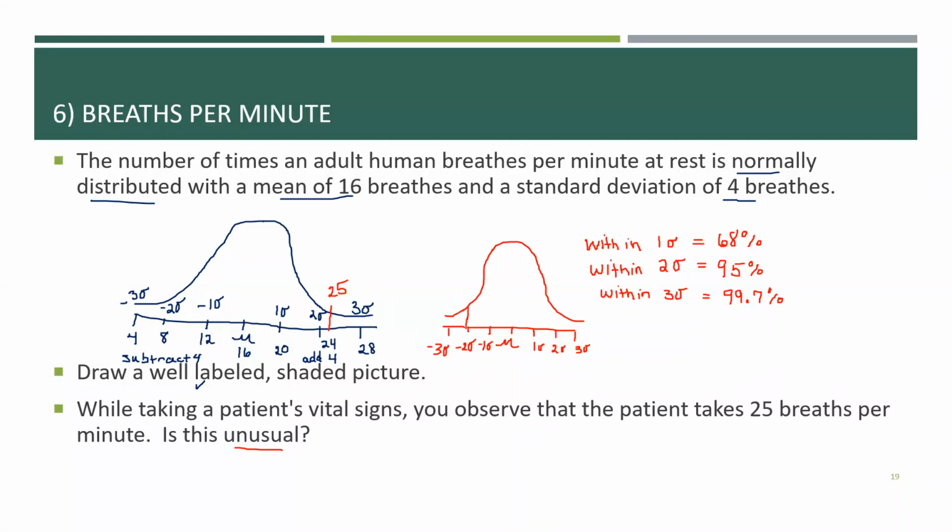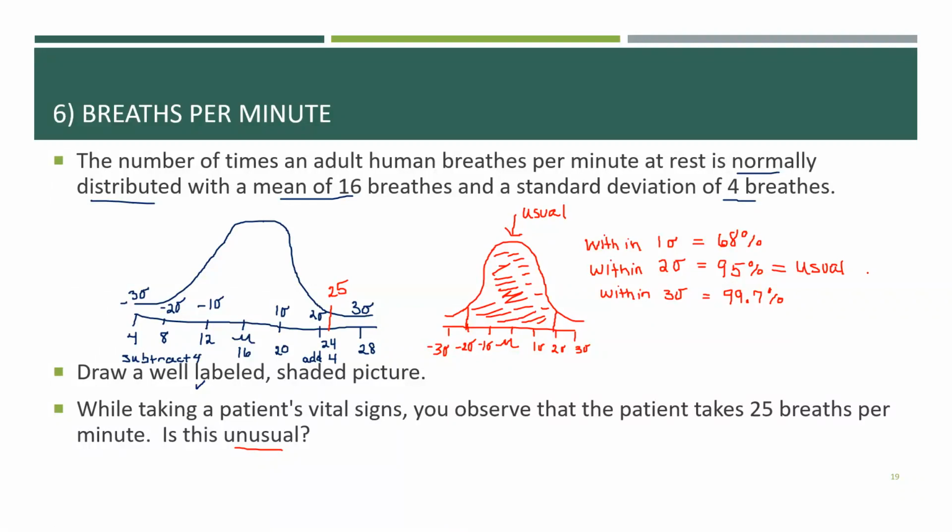So on this picture, here's -2, here's +2, and this section in between, all in here, is usual. Okay. So usual is giving us 95% of the data. If something is normally distributed, as long as you're not too far from the mean, it's a usual value.